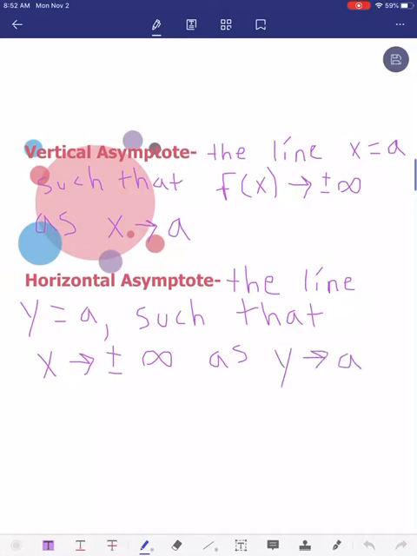So again, very similar concept, but we're just looking at something that's horizontal, or going from left to right this time, instead of going up and down.